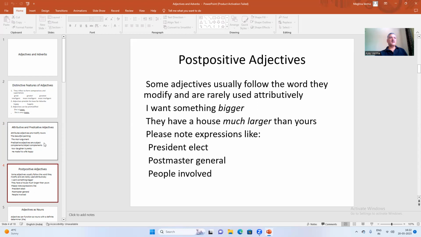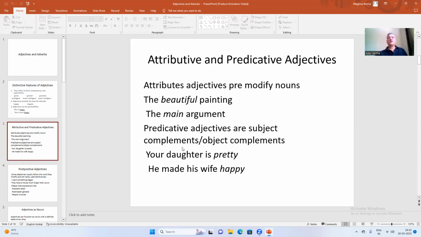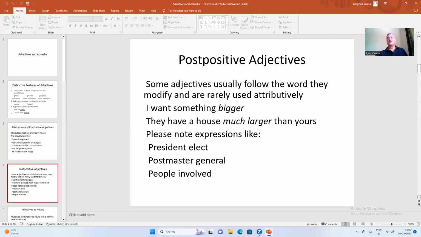In the earlier slide, we saw that both in the case of subject complement and object complement, the adjective followed the verb. Your daughter is pretty. Made is a verb. He made his wife happy. In post-positive adjectives, we include such adjectives which follow the noun immediately, or which come immediately after the noun.